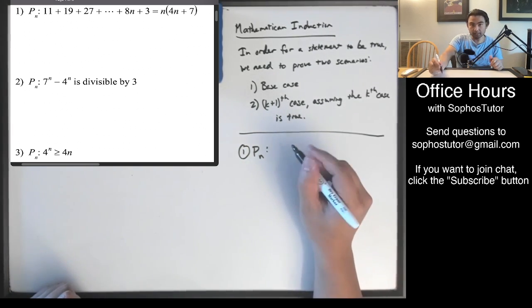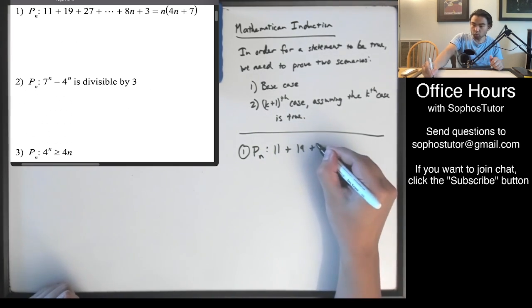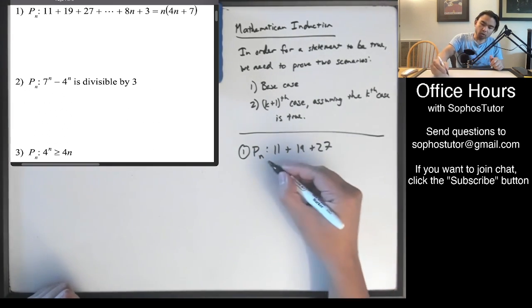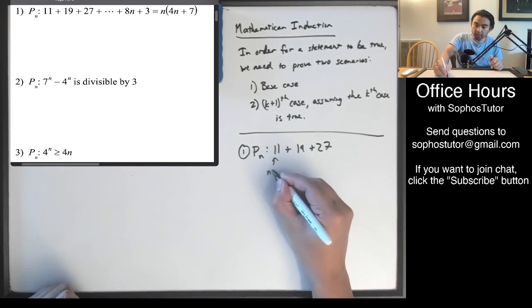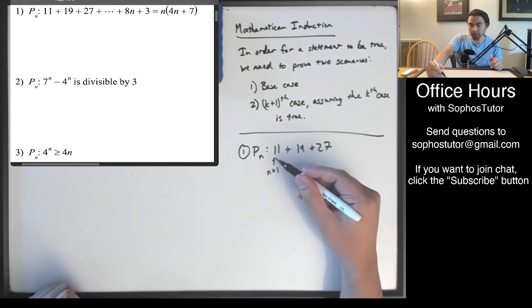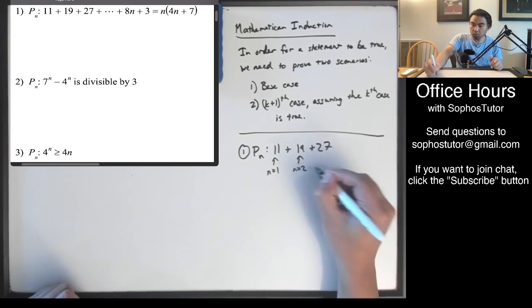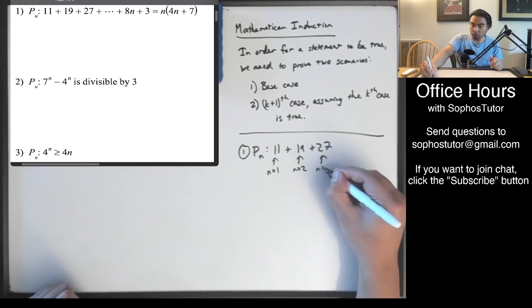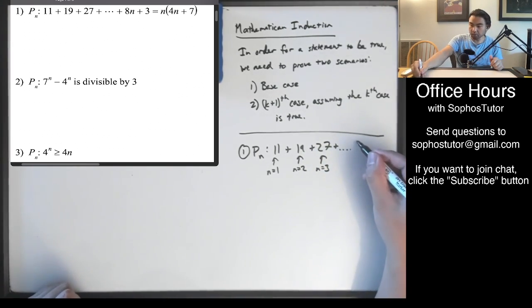And Pn consists of 11 plus 19 plus 27. And it's important to note that each term is the nth term of the sequence. So in this case, 11 is the term when n equals 1, 19 is the term when n equals 2, 27 is the term n equals 3. And so we're going to continue adding terms here.